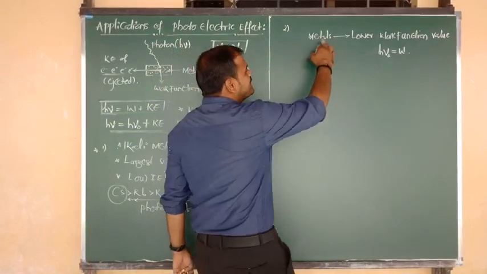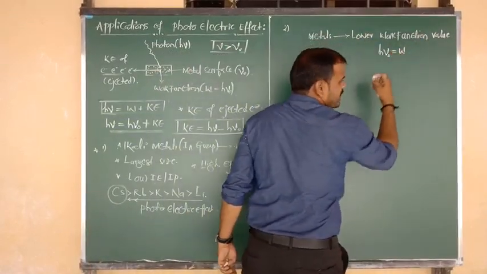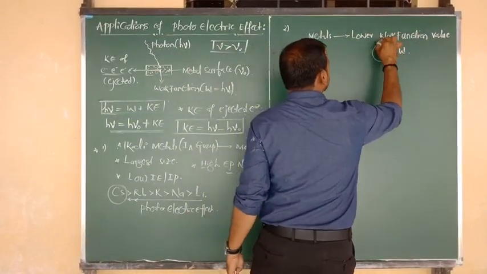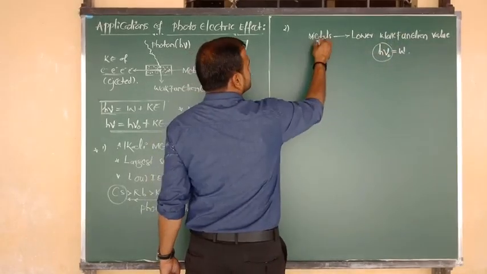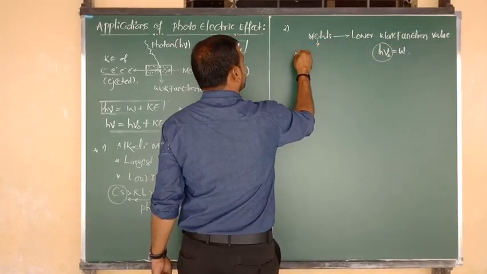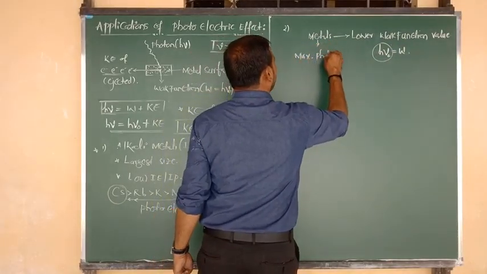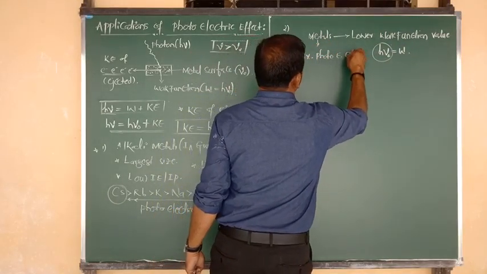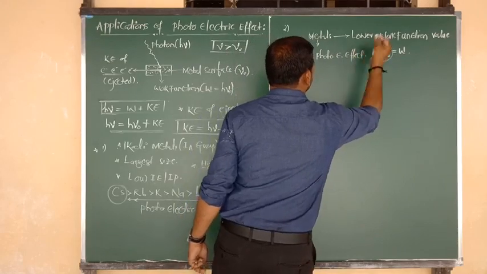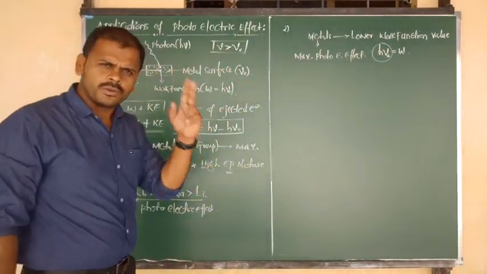Okay. So metals which have lower work function values, or lower threshold energy values, exhibit the maximum photoelectric effect. So from now onwards, try to remember two conditions.